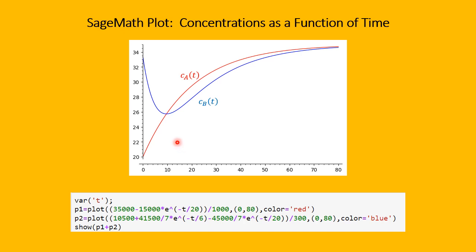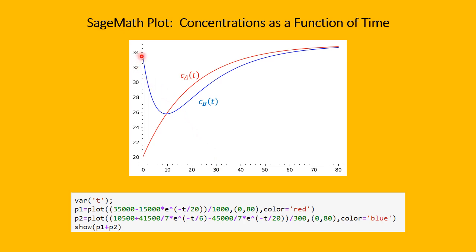We're plotting the amount of salt in the tank at time t divided by how much fluid is in the tank, for t from 0 to 80.